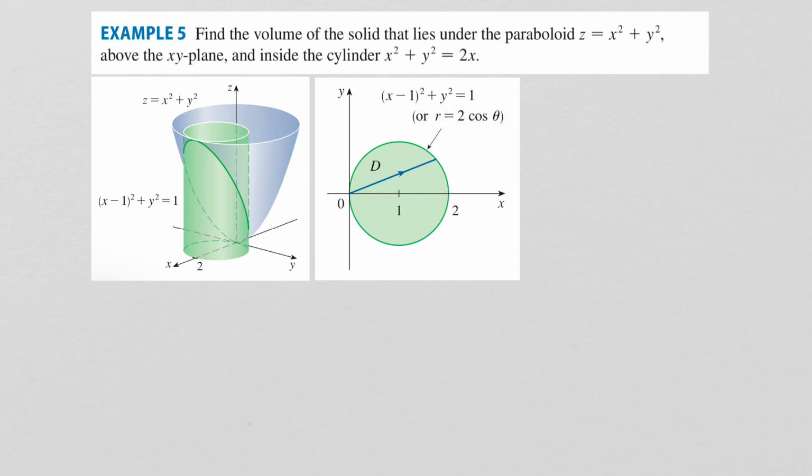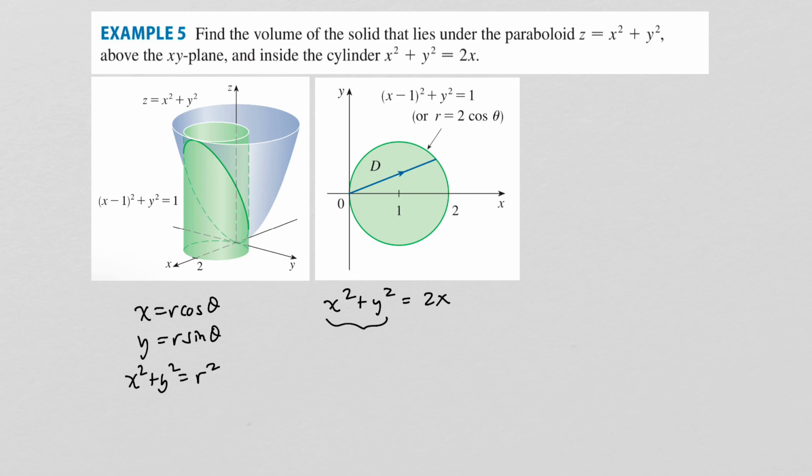Now, you might remember that from polar coordinates or you might not. So let me show you how you can determine that. So we know that in polar coordinates, x is r cosine theta and y is r sine theta. So when we have x squared plus y squared is equal to 2x, remember also x squared plus y squared is r squared.